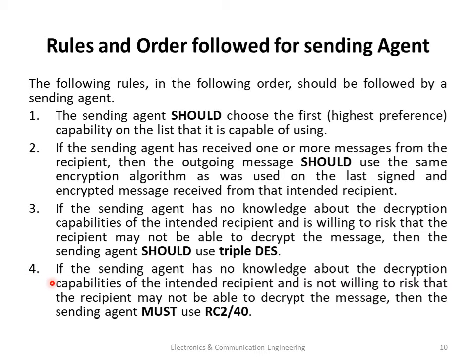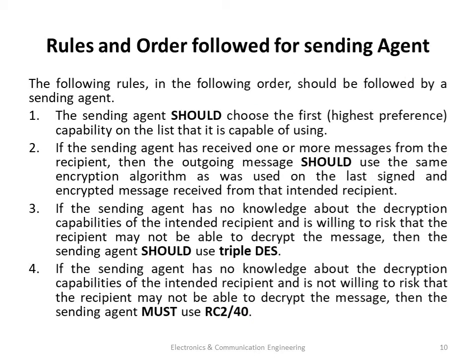And fourth, if the sending agent has no knowledge about the decryption capability of the intended recipient and is not willing to risk that the recipient may not be able to decrypt the message, then the sending agent must use RC2 40. So these are the rules and order followed by the sending agent.